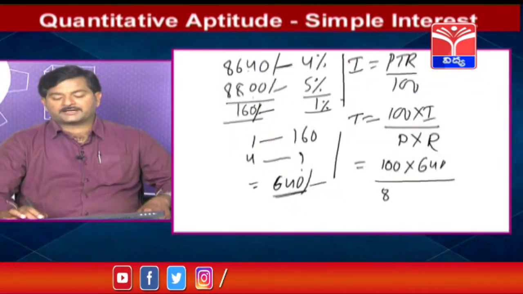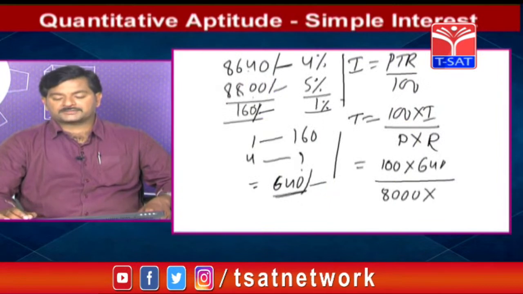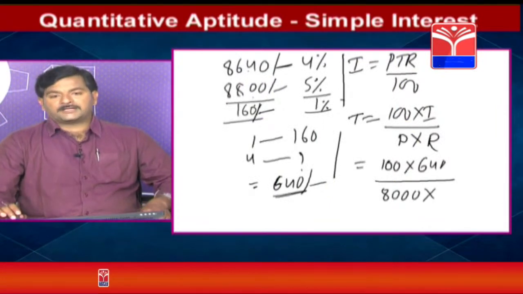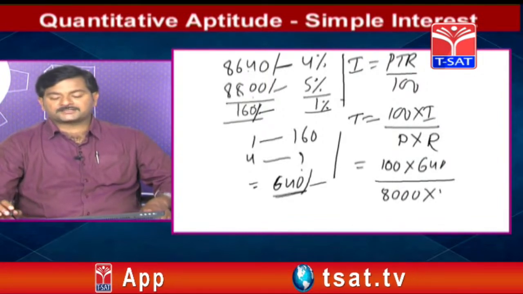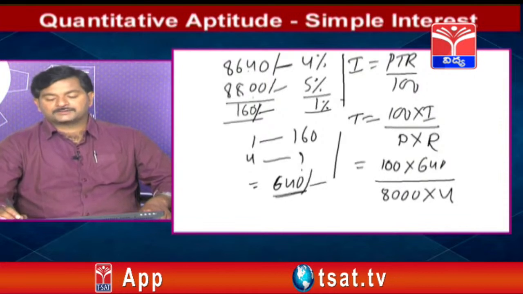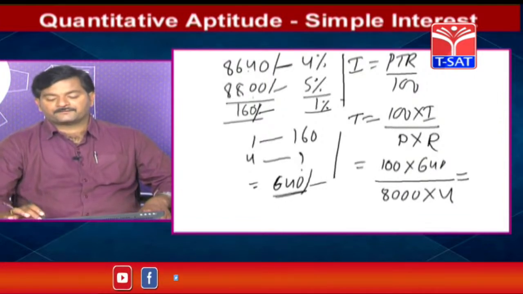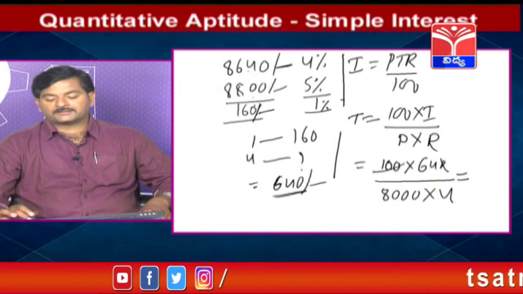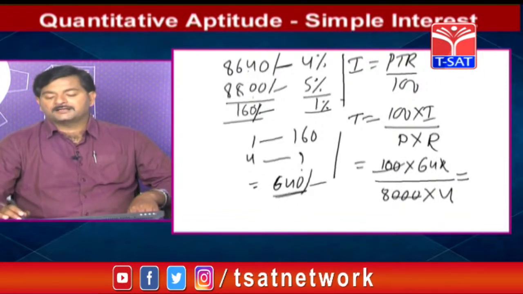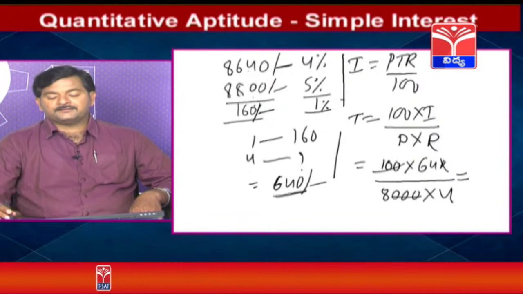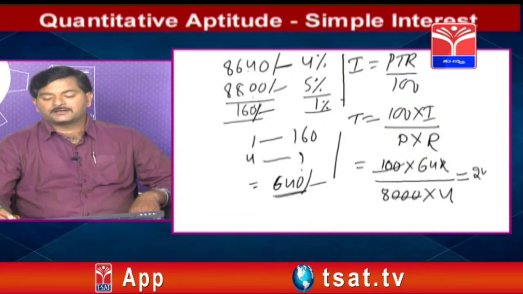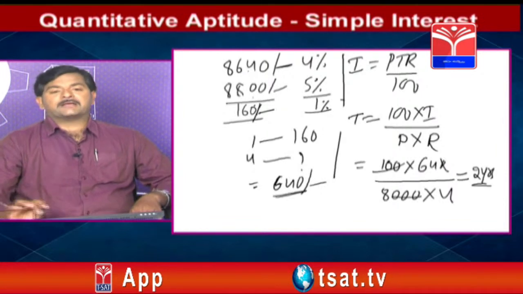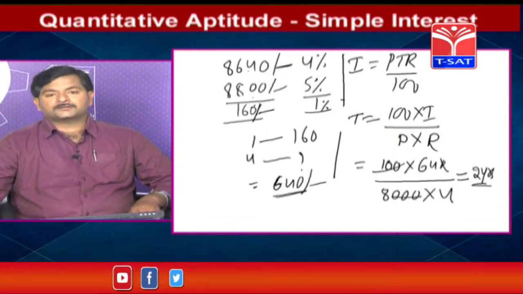Subtracting this interest from this amount, I get the principal amount, 8,000 rupees, into the rate of interest, which in the first case is 4%. Simplify this: the zeros cancel, 8 eights are 64, so 8 by 4 is simply 2 years. I hope you understood this part also.